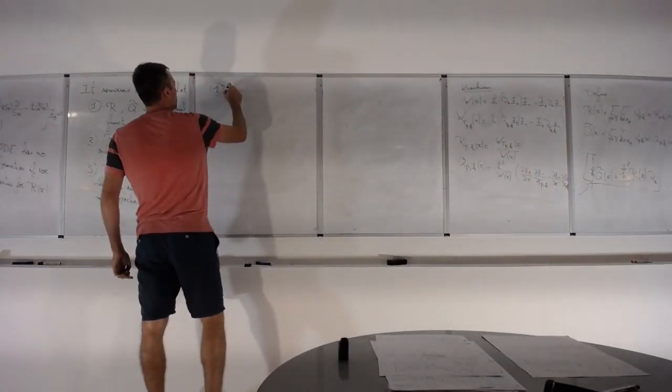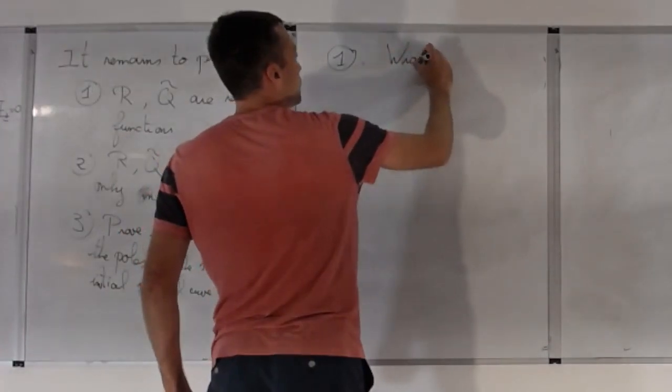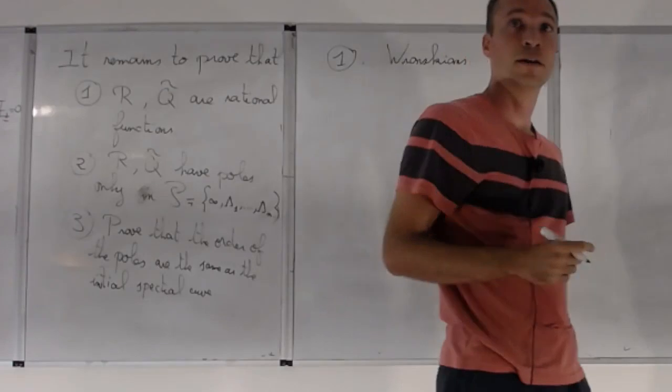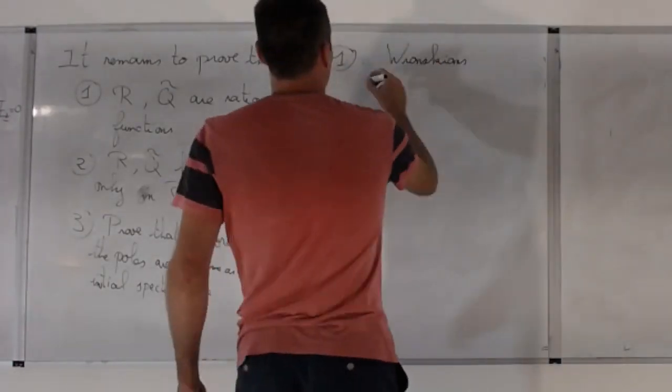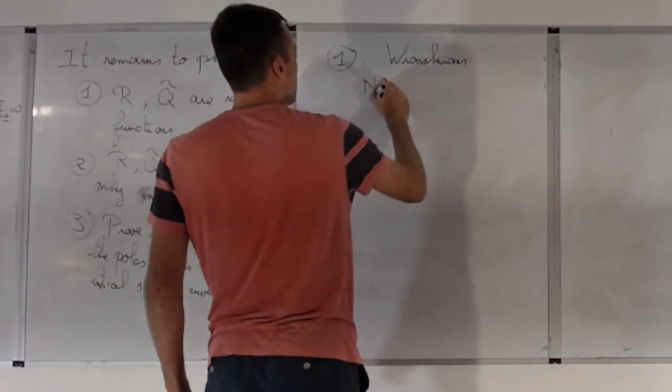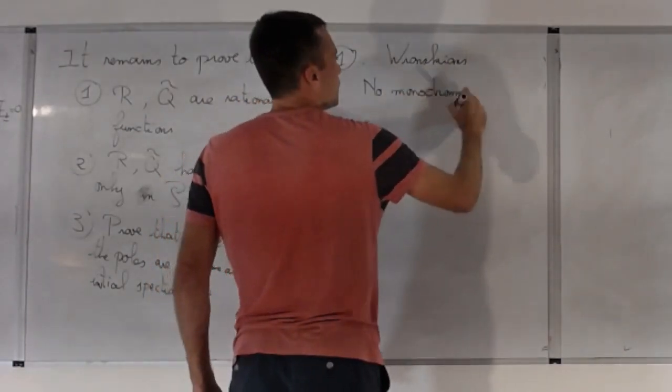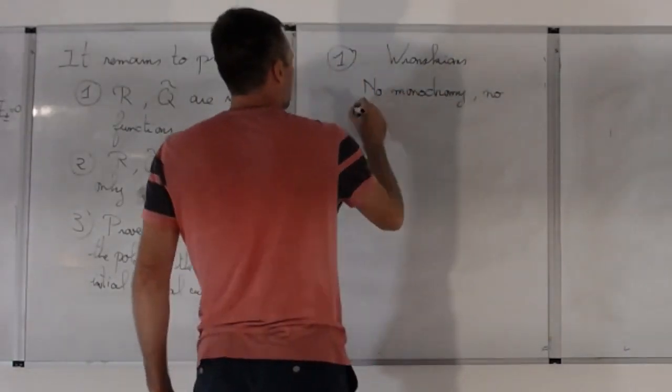So you start with the Wronskians, W and W tilde K. These are rational functions. So they have no monodromy, and no essential singularities.